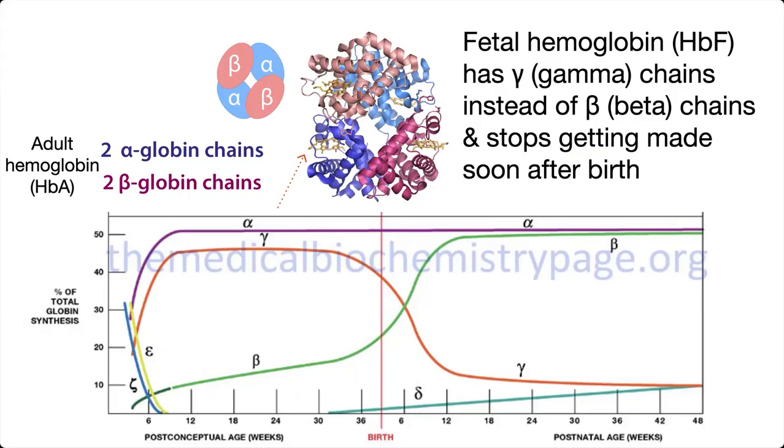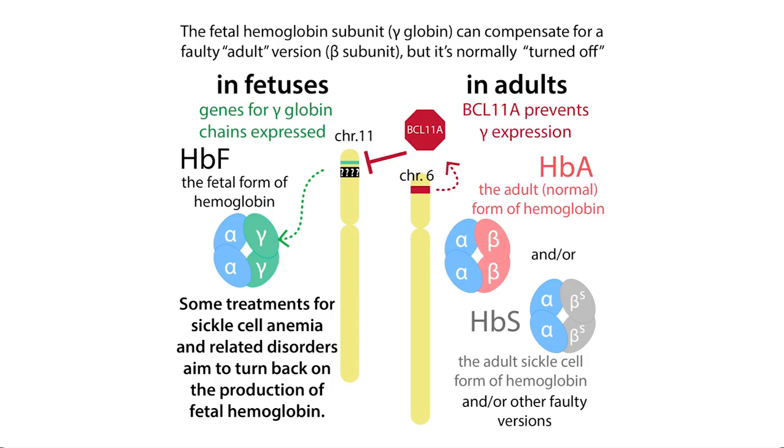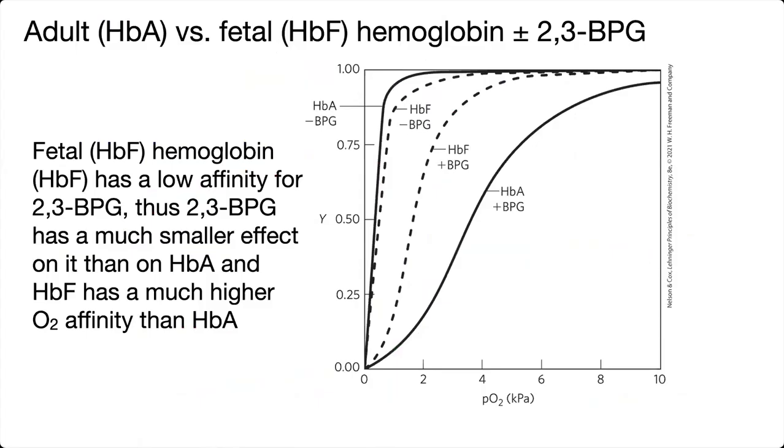You still have the instructions though for making that fetal hemoglobin. So for sickle cell anemia and beta thalassemia, where patients have problems with this beta globin, there are therapies and treatments and gene therapies that are used in order to increase the making of the fetal hemoglobin that got shut off, to try to switch it back on so that you can make that to compensate.